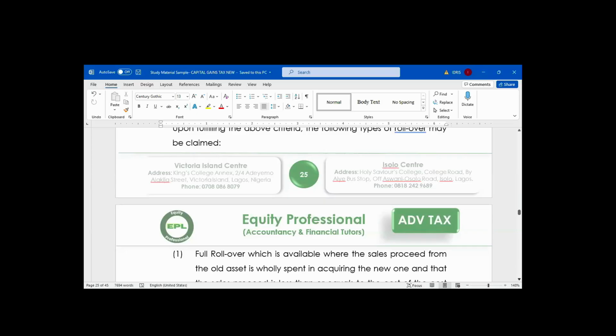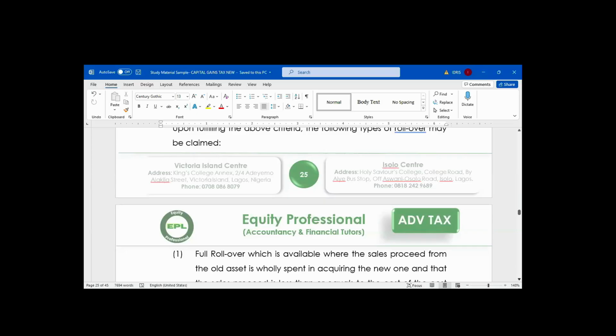Let me repeat myself again. We have 3 types of rollover relief: full rollover relief, partial rollover relief, while the last one is nil rollover relief.